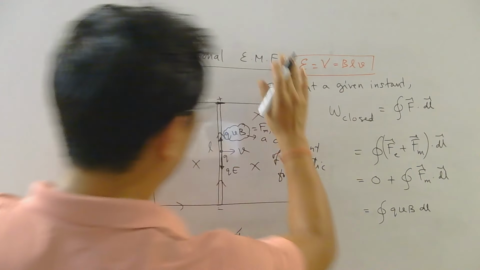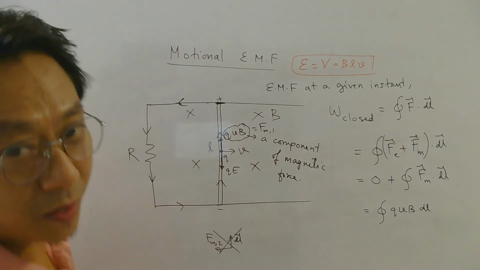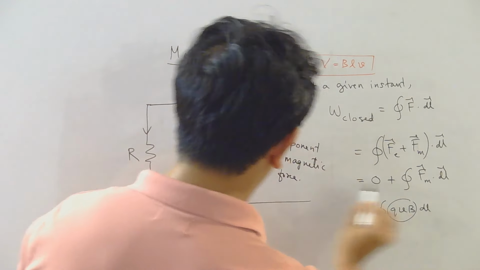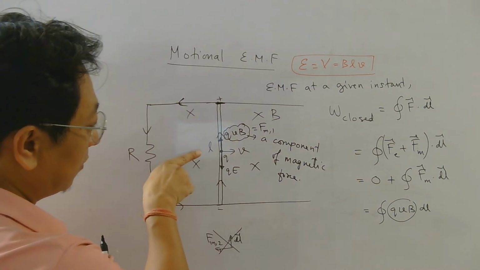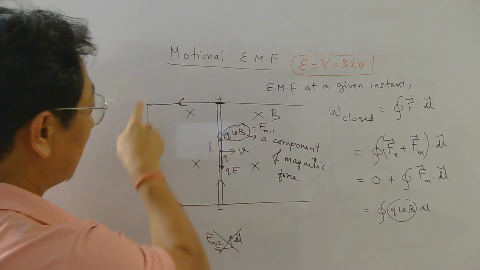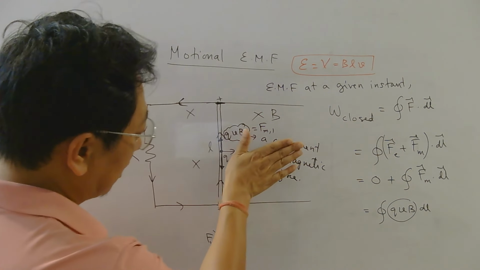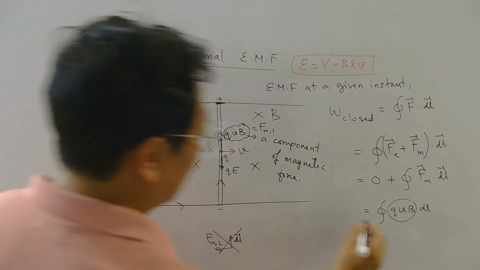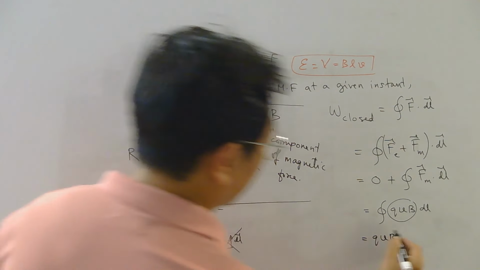Remember, at a particular instant when the rod is here, we are moving along this loop. Now though we have to move along the loop, this force acts only in this part of the rod, because only this part is moving with velocity v like this, other parts are fixed. So this part of the rod is going with v velocity, that's why there was a force v cross B up, isn't it? So this integration has to be done only along this rod.